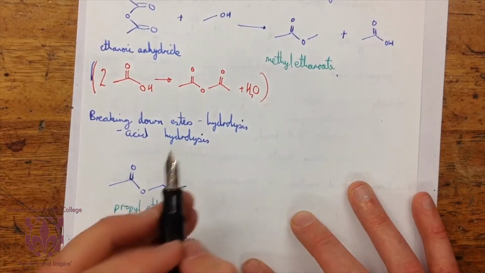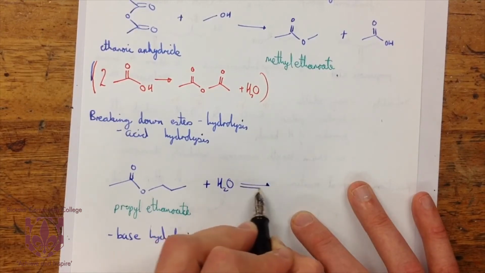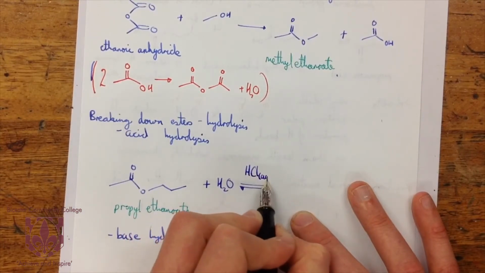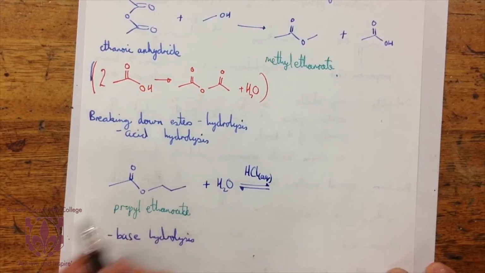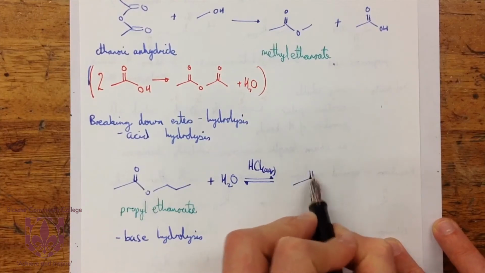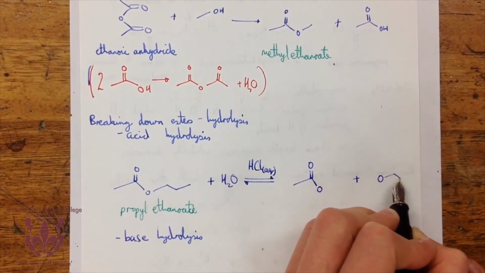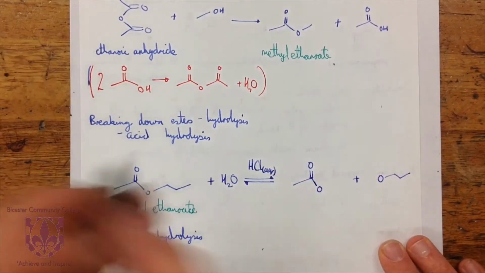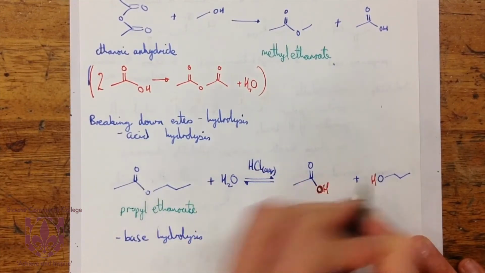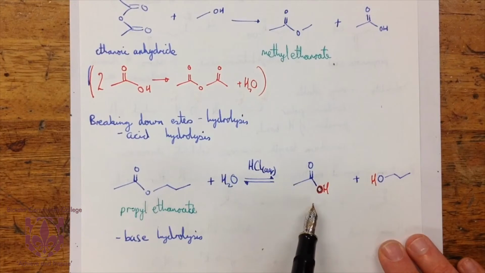Okay, and if we add H2O to that, so hydrolysis has kind of got hydro, water in the name, and we do this in aqueous conditions with HCl, so we need our acid in there, and that will make these compounds here. Oh, sorry, that should be entirely red, that one. That will make these two, obviously propan 1-ol and ethanoic acid.